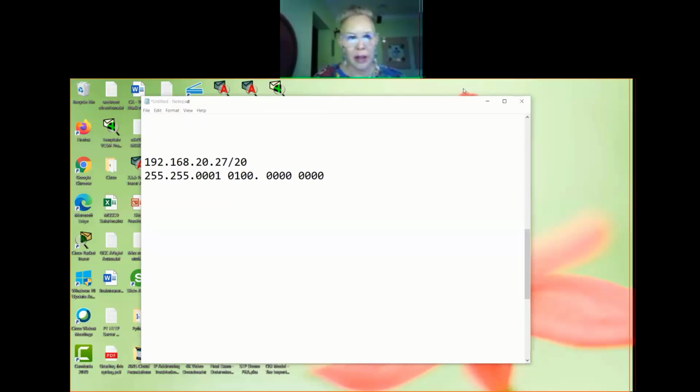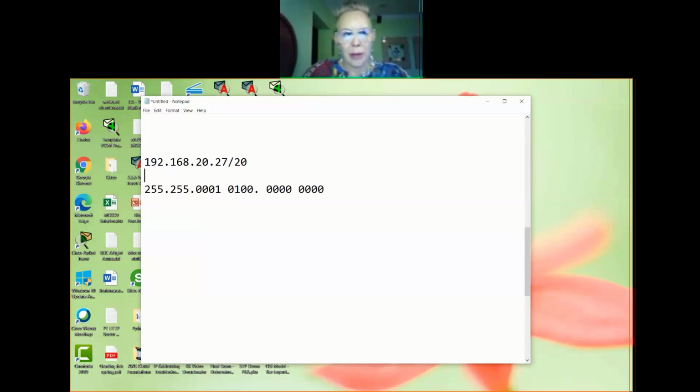So in this scenario, right here, I've got a 20, so my network stops there. That's where my network stops. So if I were to bit out what that IP address was, the 20, that's going to be, oops, I did this wrong. If I do the 20, that's right here, and if I do my 240, where my subnet mask is, right?